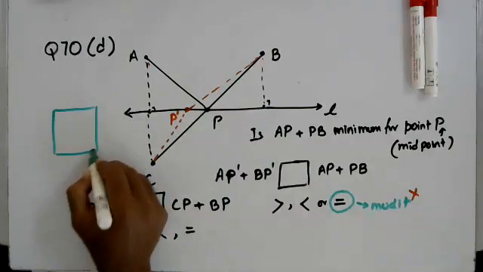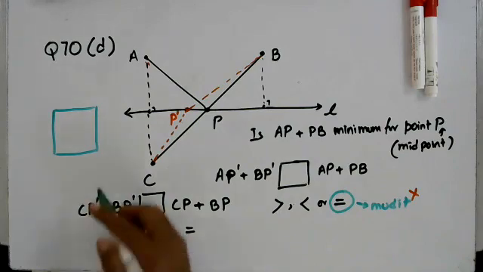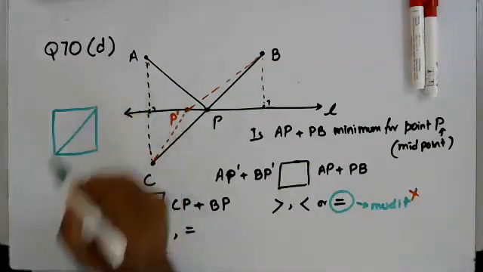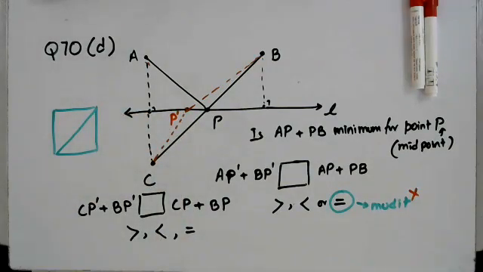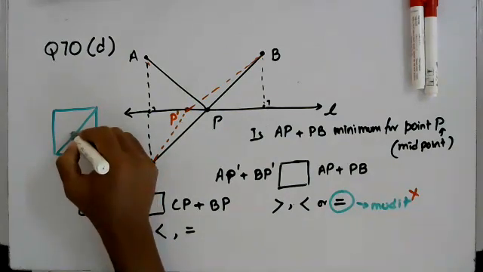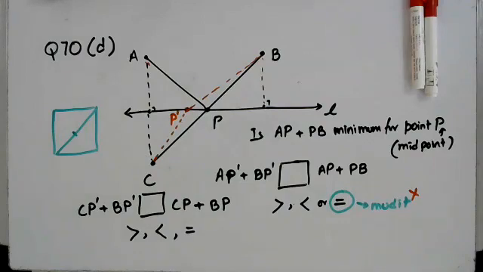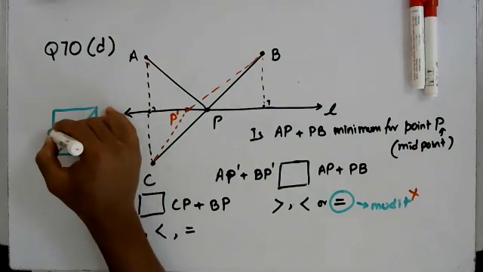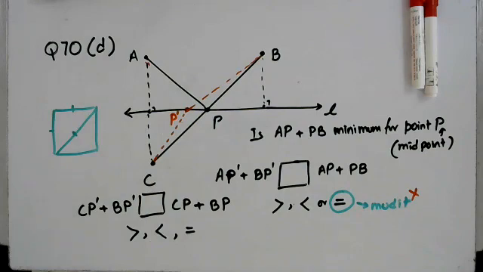I give you a square, and there is a diagonal. The length of this diagonal, and the length of these two sides added together.